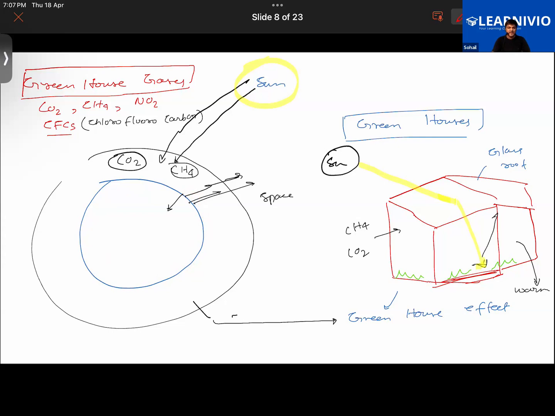Are you guys able to understand what I'm saying? See, basically, I'm saying that in the case of Earth, the ultimate source of heat energy is the sun. The heat is coming from the sun. There are some gases which absorb that heat and do not allow it to escape back into space.